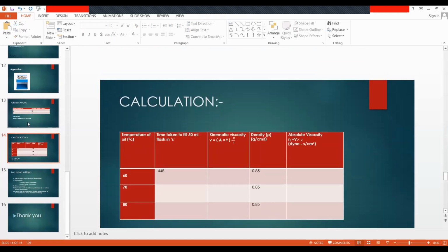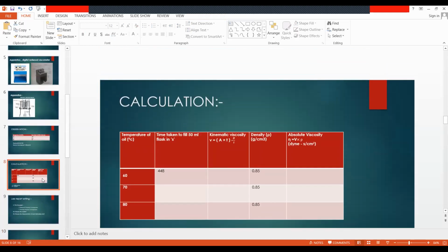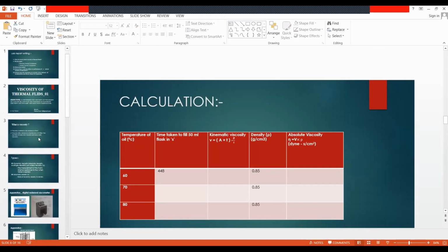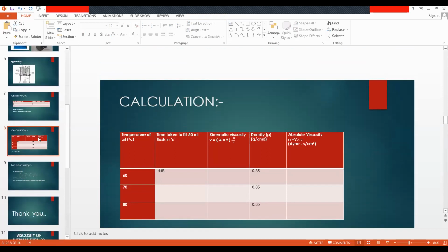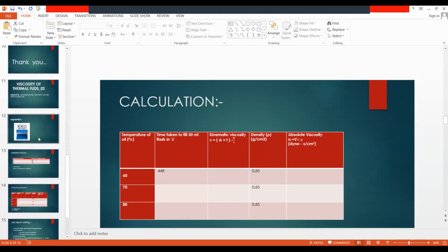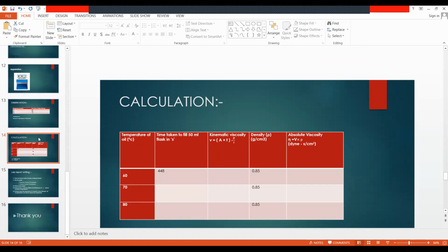For the new oil, I have given the density as well.